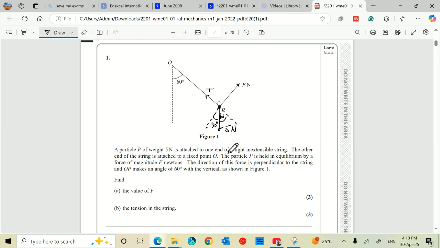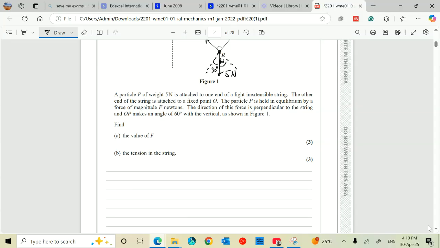So I've got my forces in there, and now I'm going to resolve perpendicular to the string. So I will just write resolving perpendicular. That will give me F minus 5 cos 30.